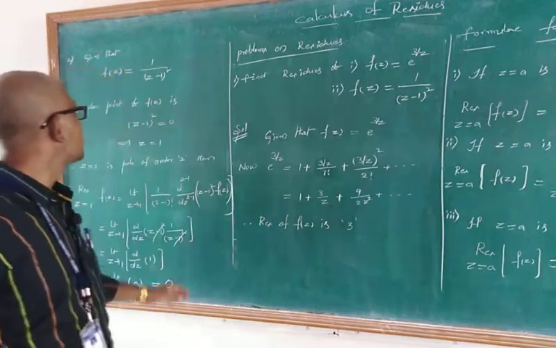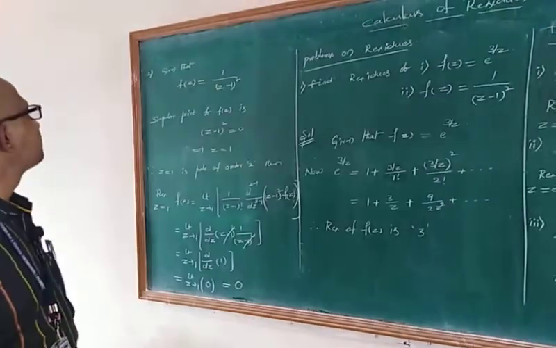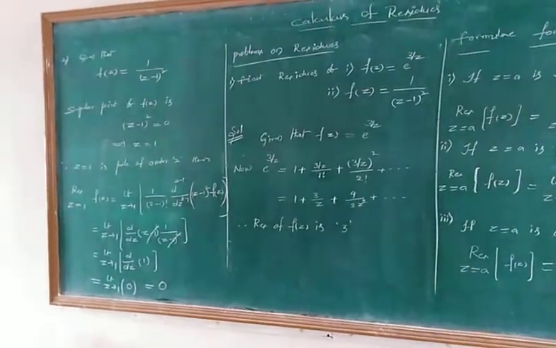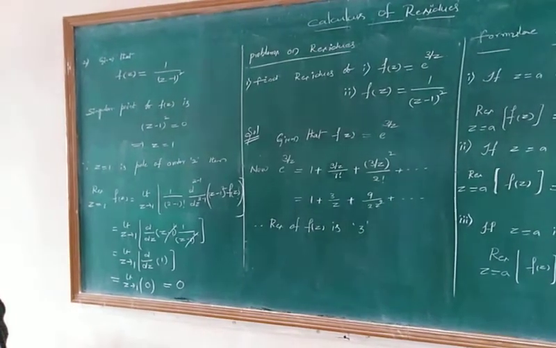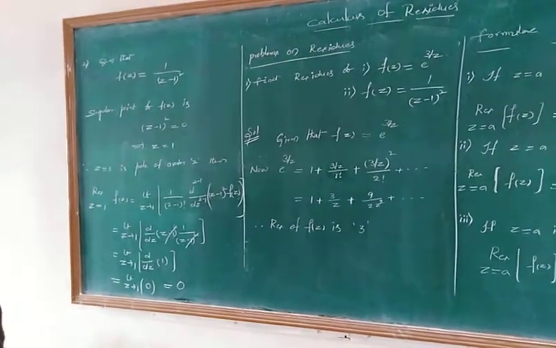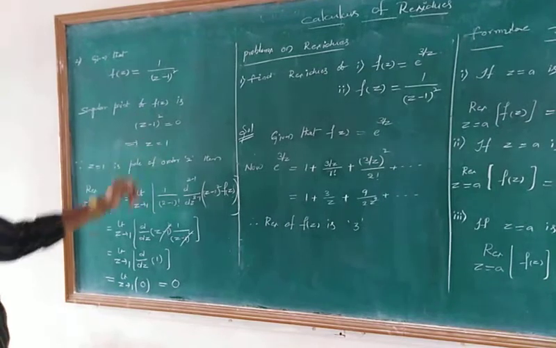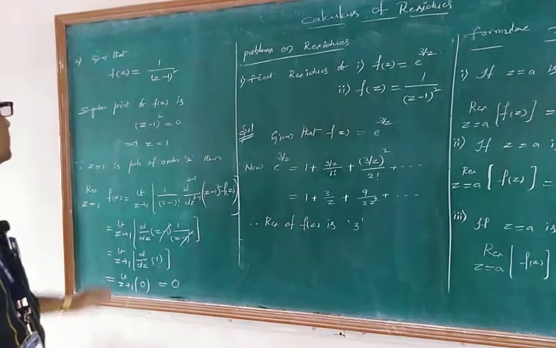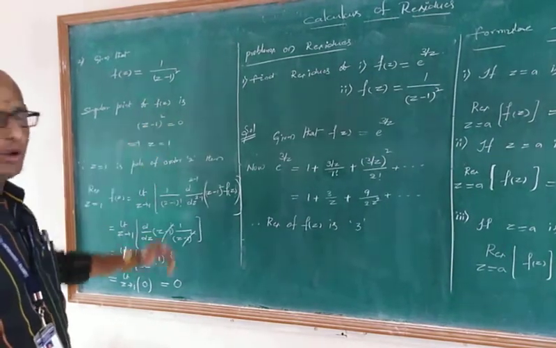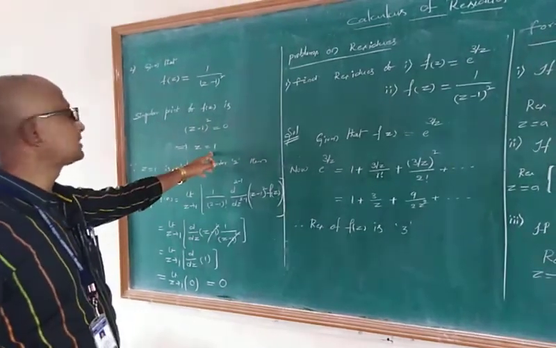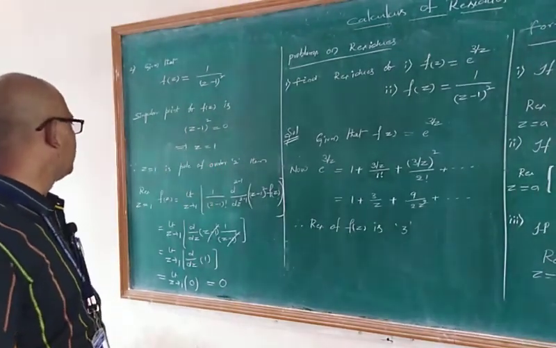Okay. Second example, given that f(z) = 1 / (z − 1)². Singular point of f(z): (z − 1)² = 0, the denominator equated to 0. The singularity is z = 1.